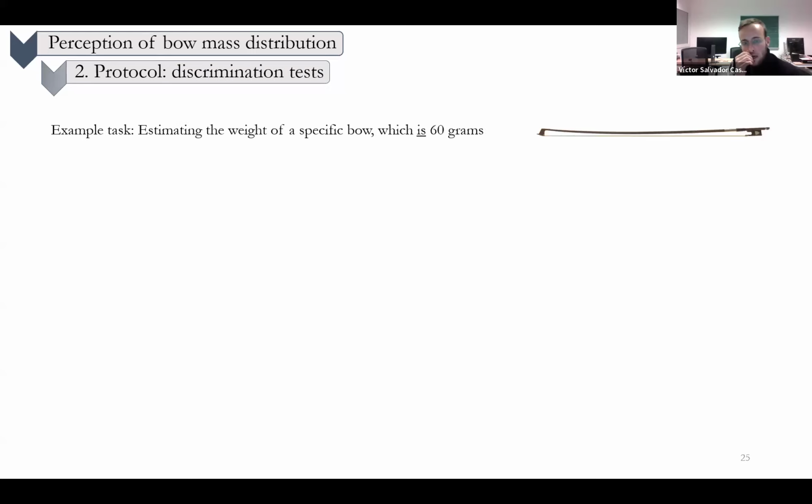So I propose an example in order to understand the method that we used. So let's estimate the weight of a specific bow without knowing how heavy it is. We know, because we can weigh it, that it weighs 60 grams, but we ask our participants to evaluate its weight. It's an example, so help me with it.